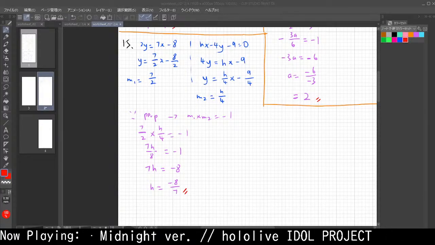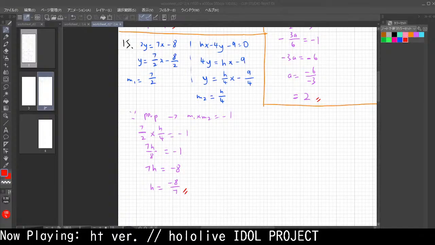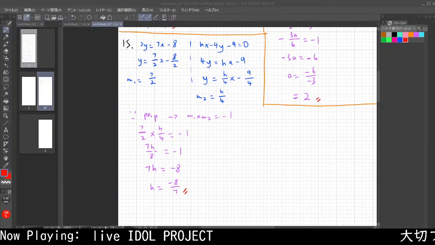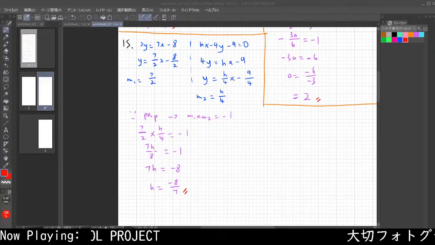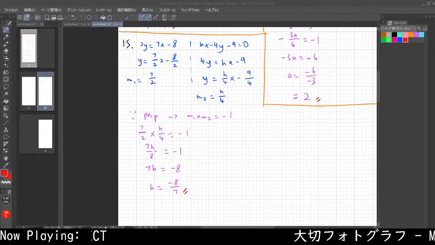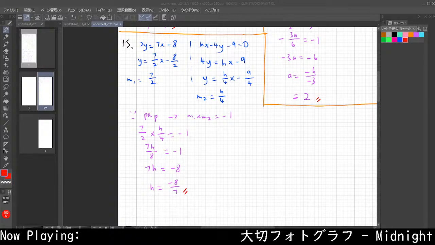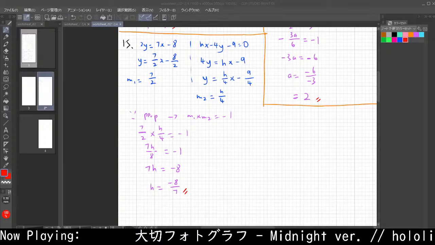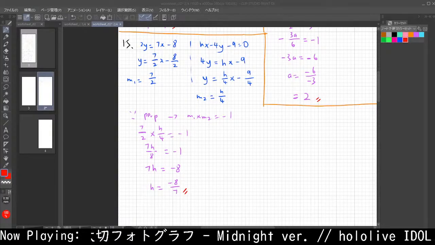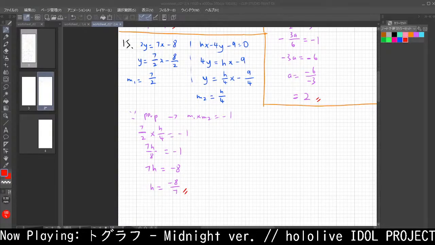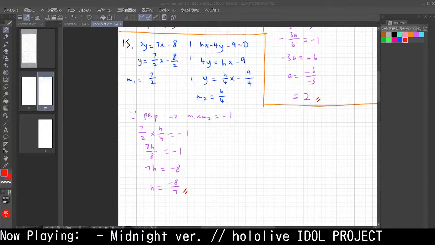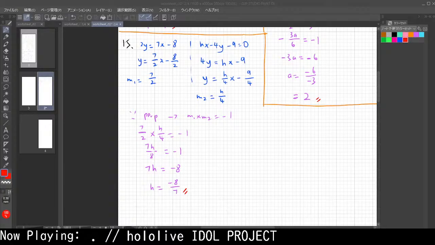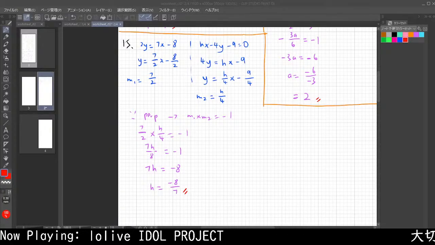Let me double check the noisy part. Okay, that's definitely too loud at the climax.